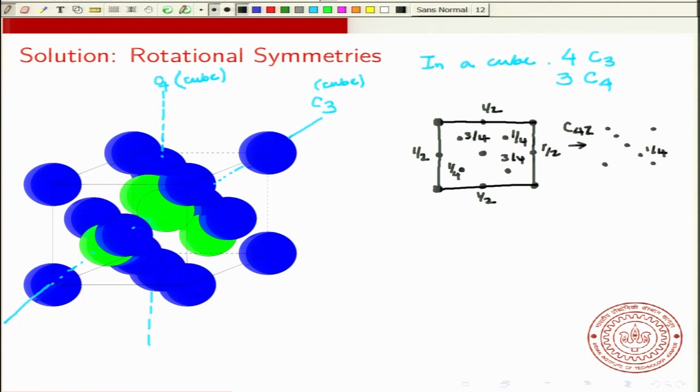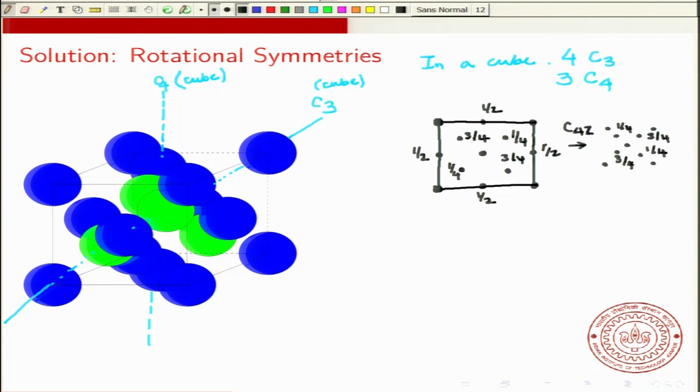Remember, C4 will not change the z coordinate, and these are the 2 3/4. So in the plane, the location of the 1/4 and 3/4 are changed. So clearly there is no C4 axis in this diamond lattice.